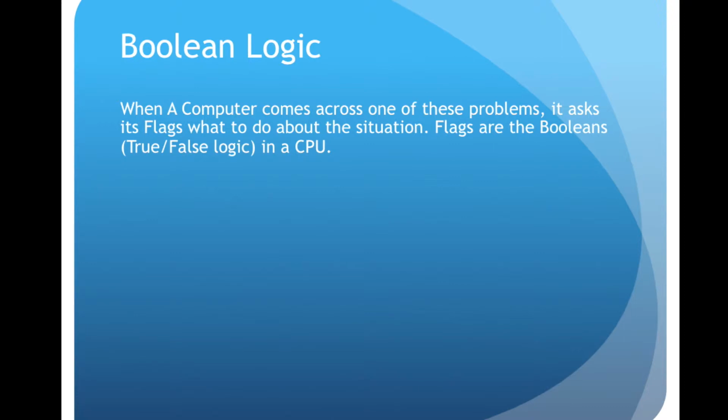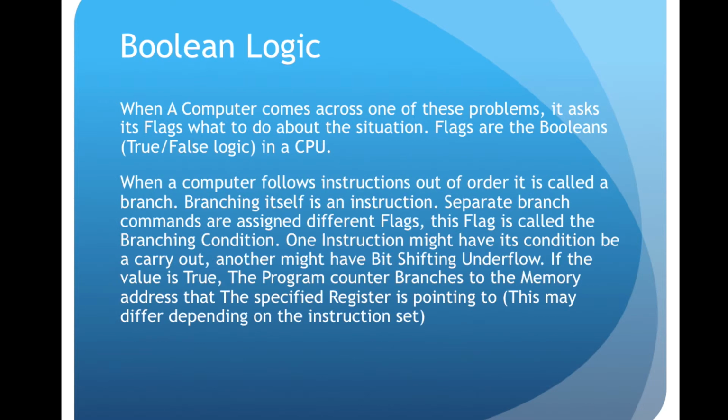Flags are basically booleans, or true or false logic, in one specific CPU. For instance, one CPU's flags might be its carry-out, and the significance of that would be that if the carry-out is on, then I might want to go to one set of code, whereas if it's off, I want to go to another set of code, and you can see how that's useful.